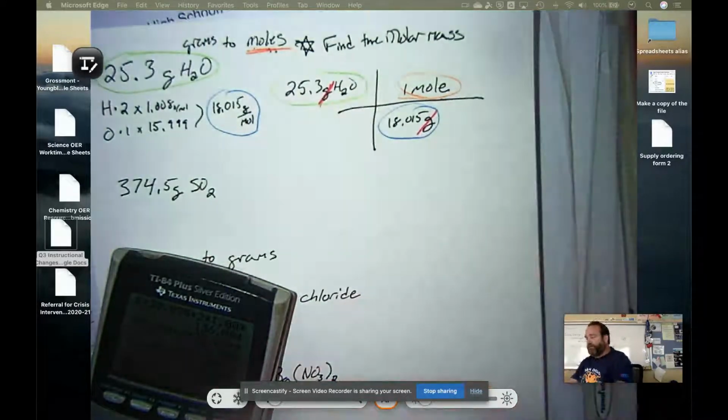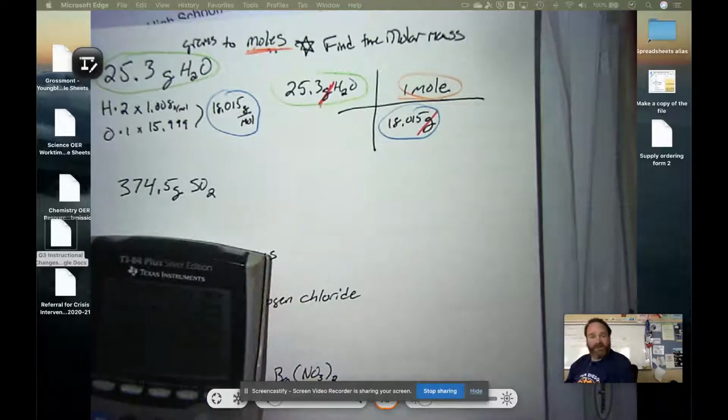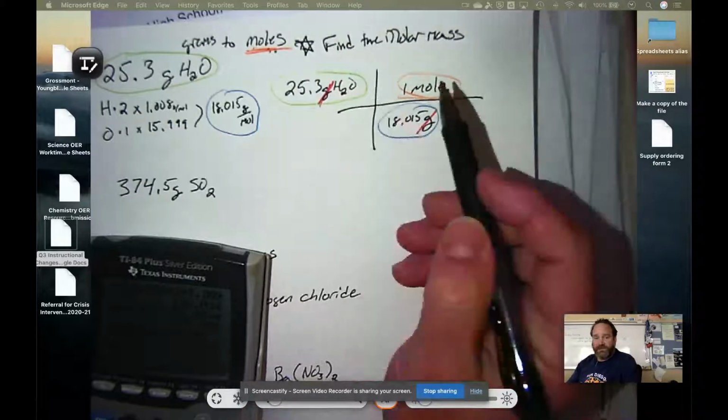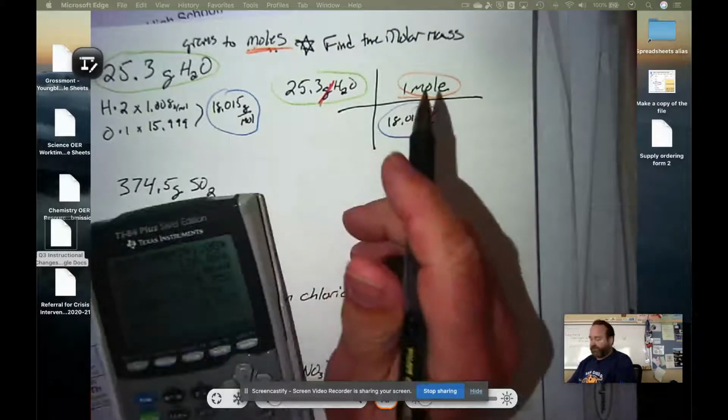And these units, grams and moles, are very much like your X's and your Y's when you are in math class. But here we work it. So now this is pretty easy because I've just got the math to do.